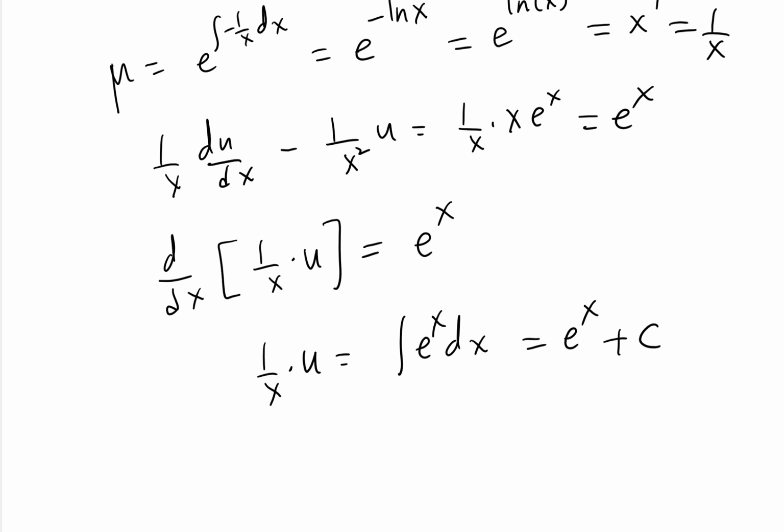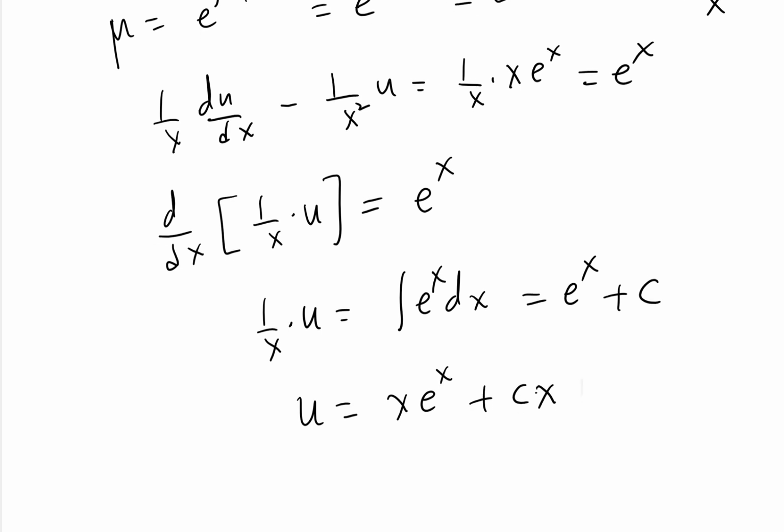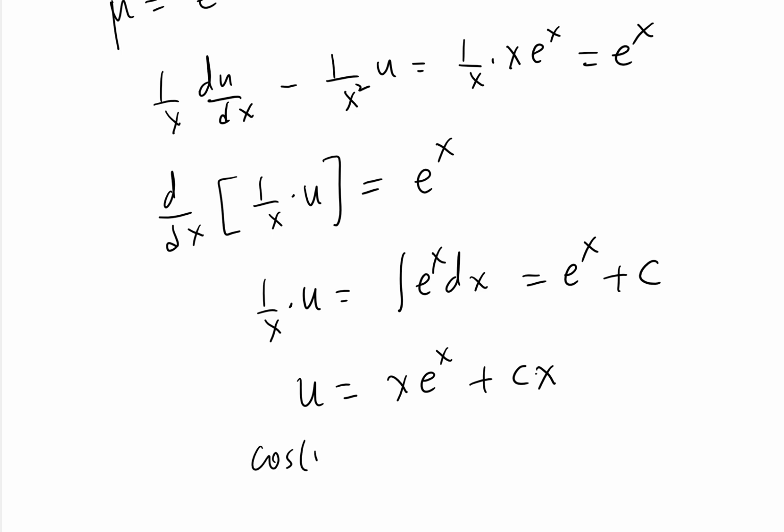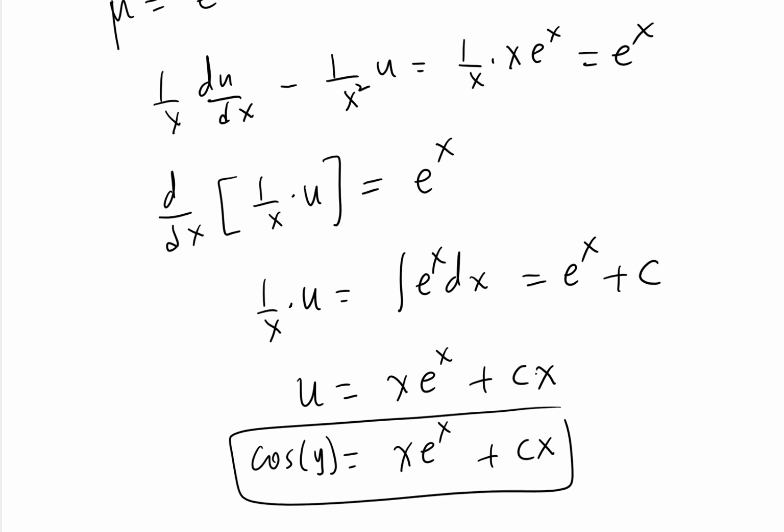Now multiply everything by x, so x e to the x plus c x. But remember, u is cosine y, so cosine y equals x e to the x plus c x. You can leave it like that.